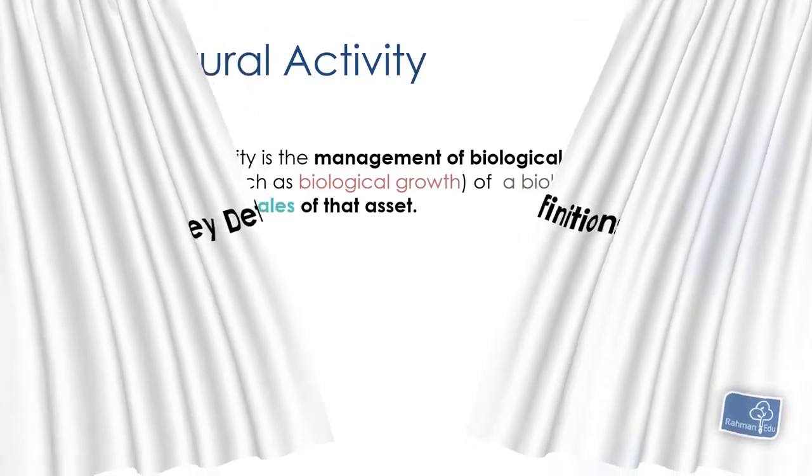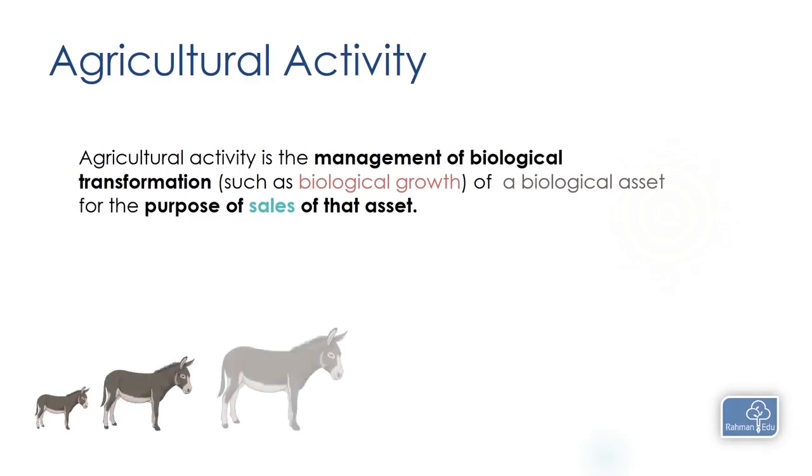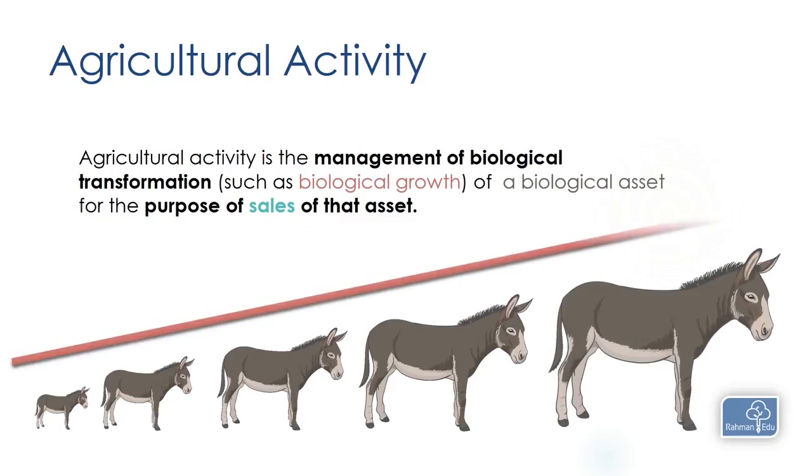First off, we need to know what is agricultural activity. Agricultural activity is the management of biological transformation such as biological growth of a biological asset, maybe for the purpose of sale of that particular asset.